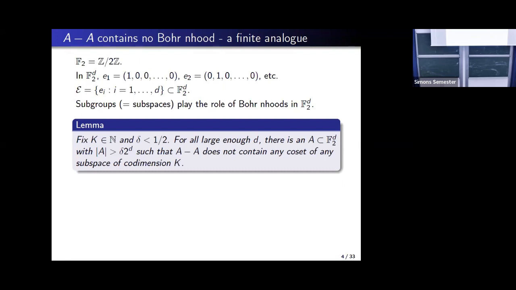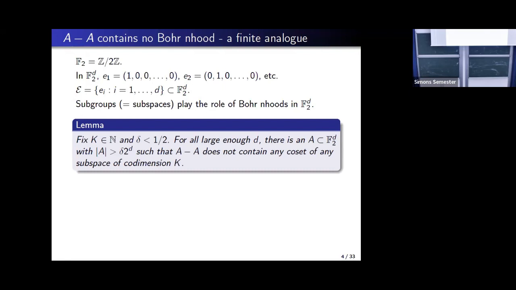Let's work in a vector space over F2. You've got your standard basis; E here is just the standard basis in F2 to the D. Subgroups in F2 to the D, which of course are also subspaces, play the role of Bohr neighborhoods.